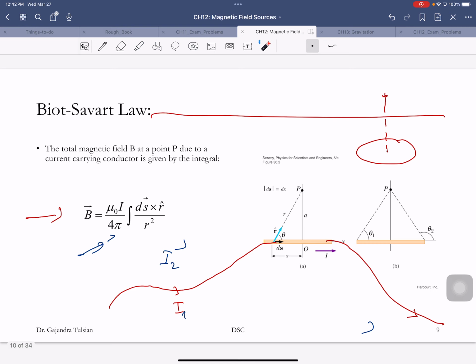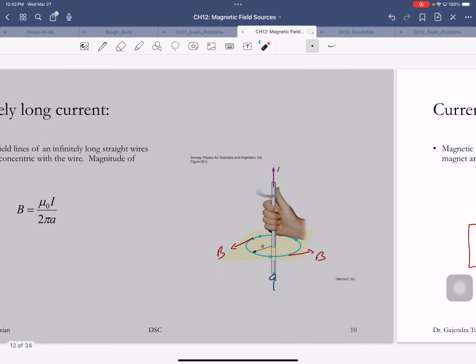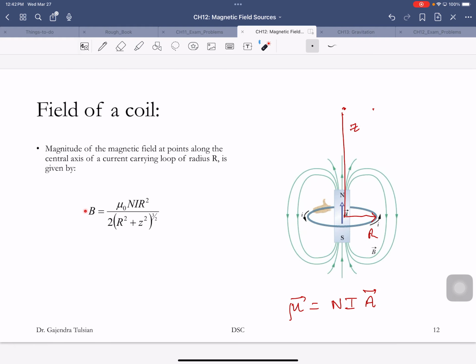So I said this integral can be done in very special cases. So for instance, if you have a circular current, for points along the axis, you can do this integral. And here's somebody has done that integral for you, and here's the expression for the magnetic field. So the magnetic field along the z-axis, along the axis of the ring, is given by that.